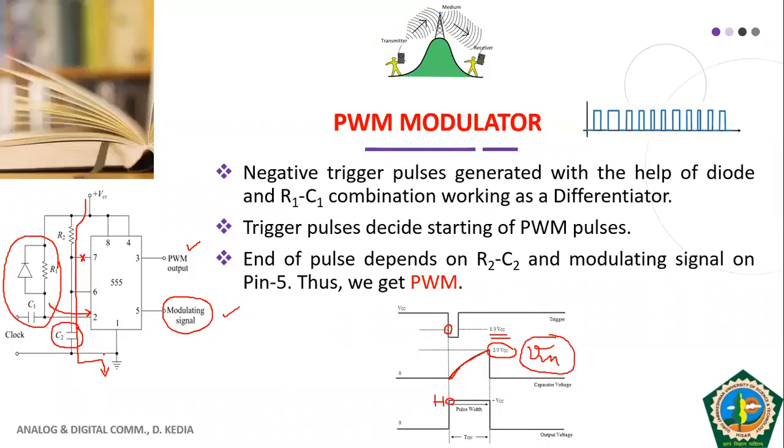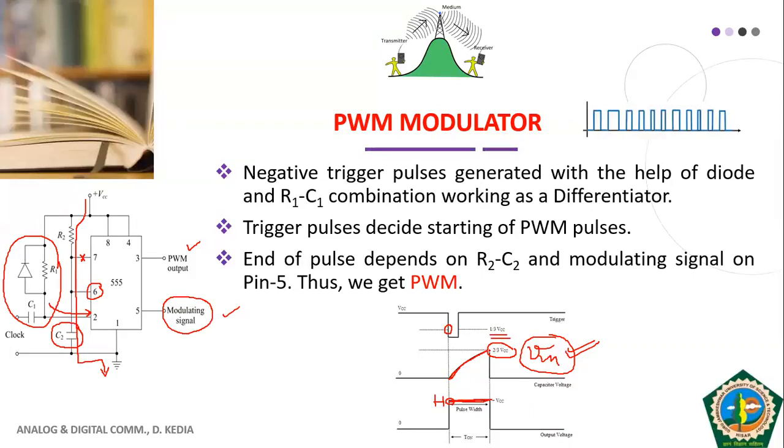As soon as the voltage across C2, which has been applied to the threshold terminal, becomes equal to or just greater than your modulating signal value, your output will change its state. It means it will remain high for the duration when your capacitor value reaches the value equivalent to the modulating signal.